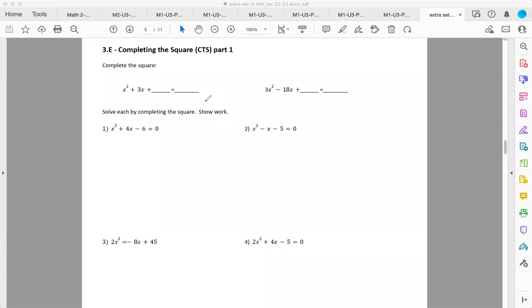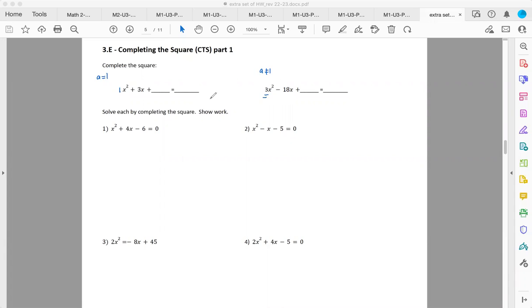we had 2 parts. We had a part where a is equal to 1, like here, a is 1. And the other part where a is not equal to 1, like here, the a value is 3, right? So I'm going to discuss each one of them separately.